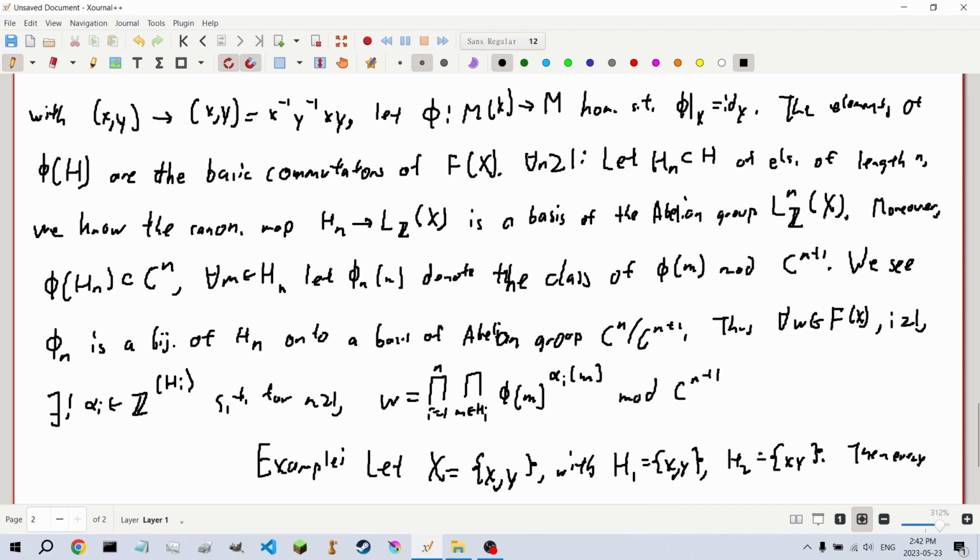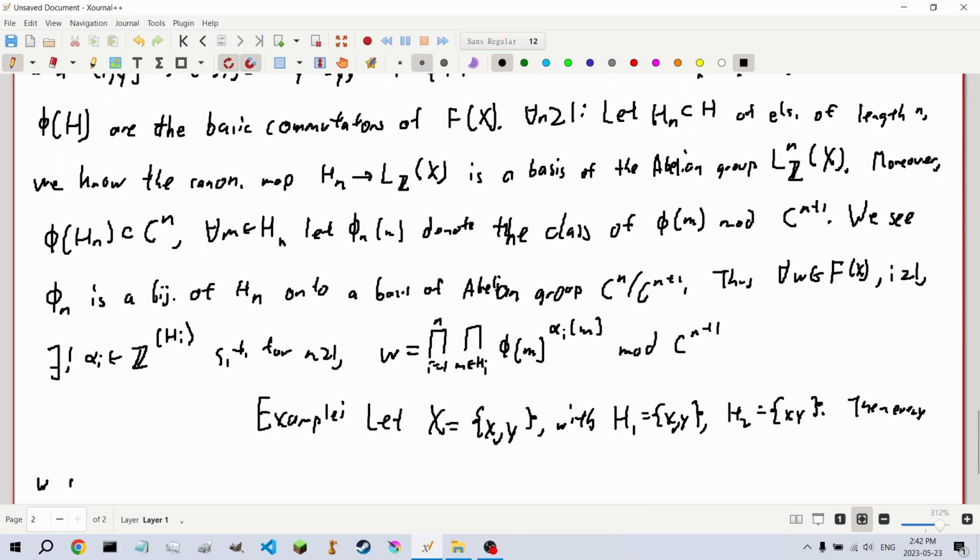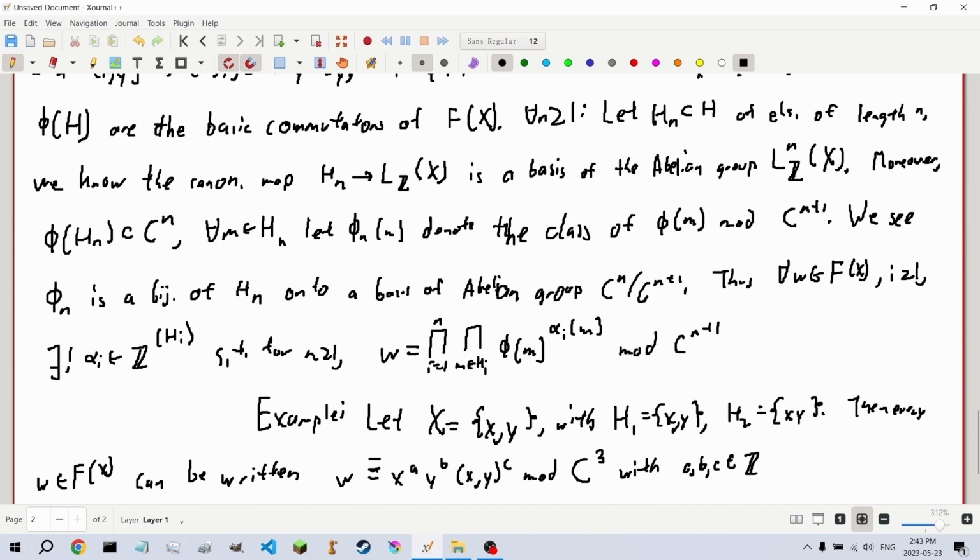Then every element w in F(X) can be written as w congruent to x to the a, y to the b, the commutator of x and y to the c, modulo the third central series, with a, b, and c integers.